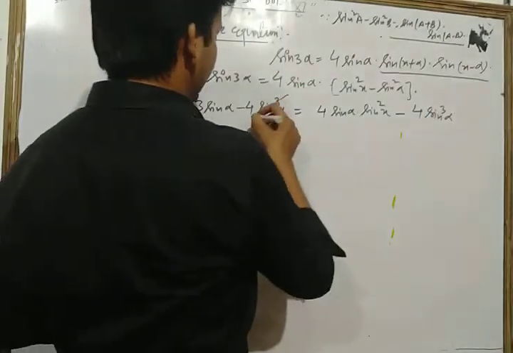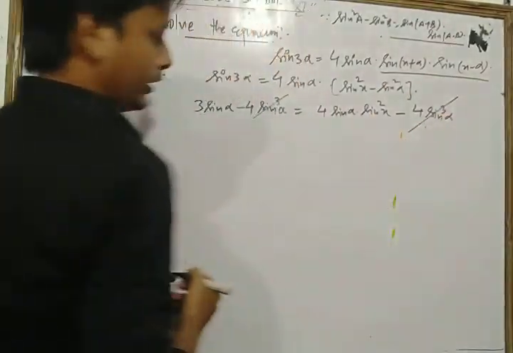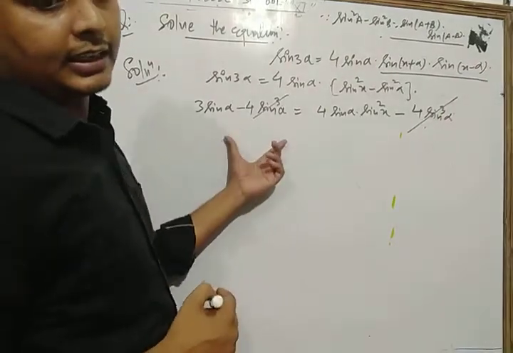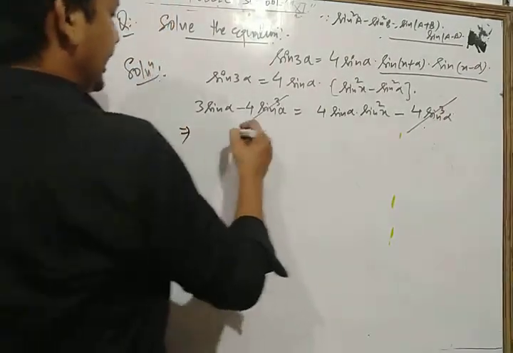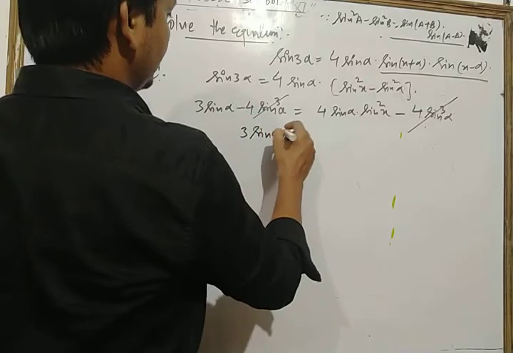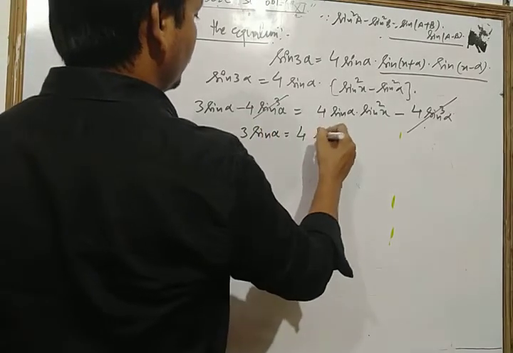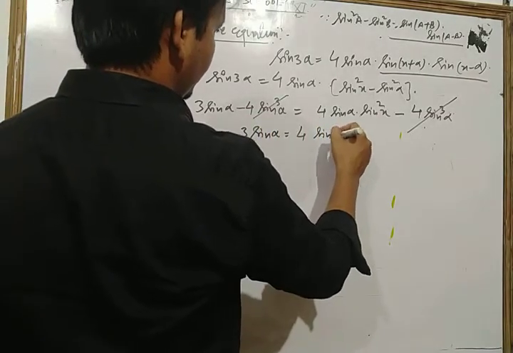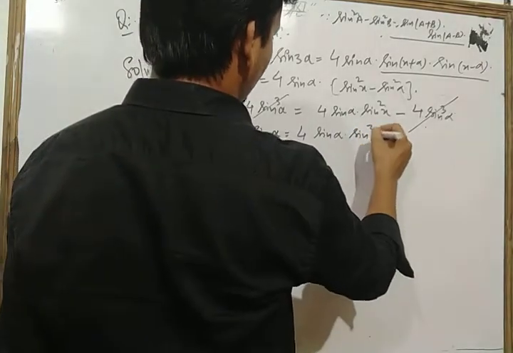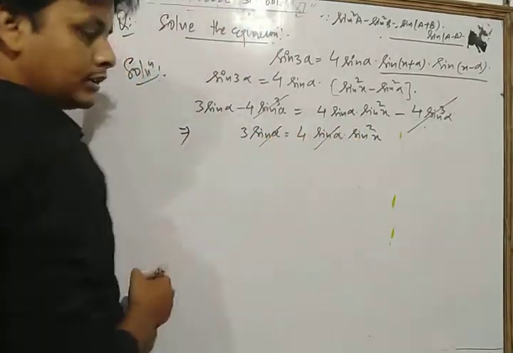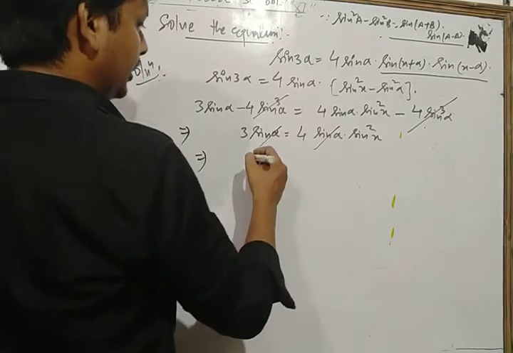Here minus 4 sin cube alpha and plus 4 sin cube alpha cancel each other. So we get 3 sin alpha is equal to 4 sin alpha into sin square x. Now sin alpha also cancels.